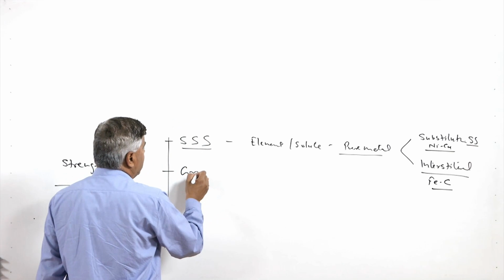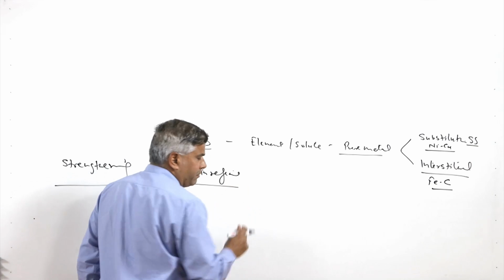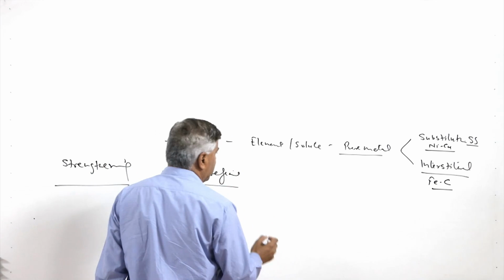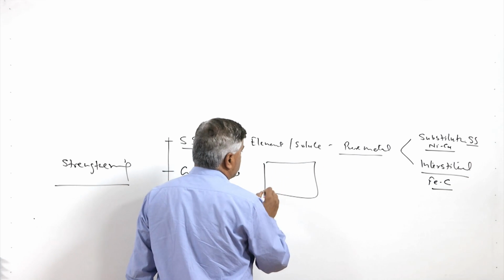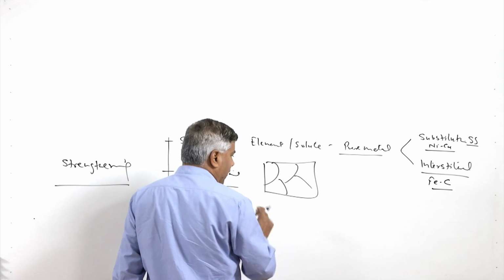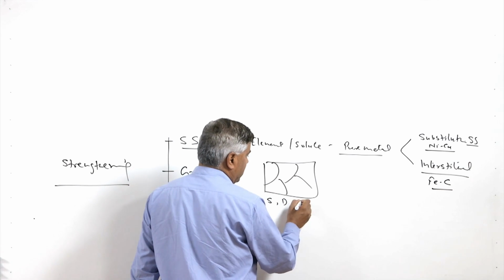Another is grain refinement, wherein the grain size of the constituents or phases present in a metallic system is refined. Initially, if the grains are coarse, then it will have poorer mechanical properties in terms of strength, ductility and toughness.